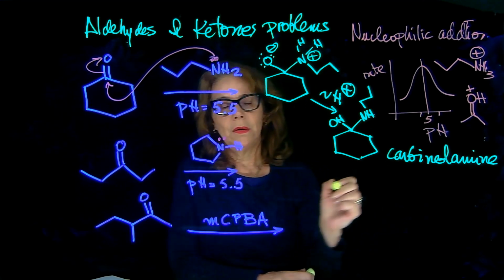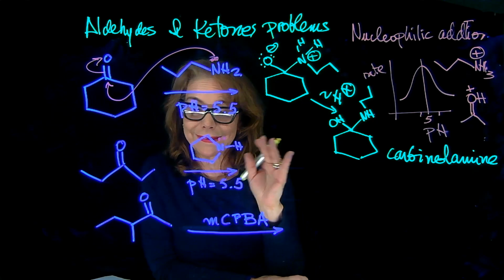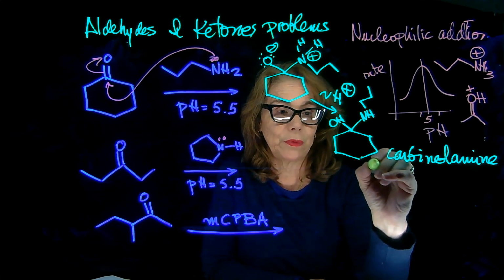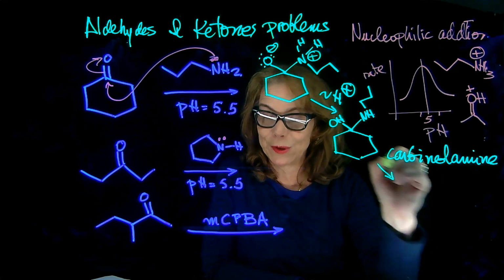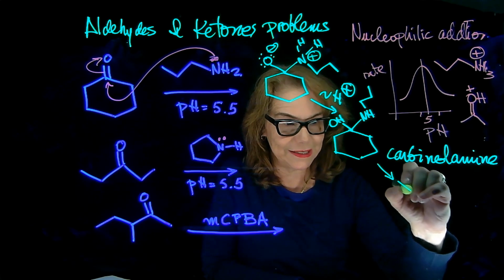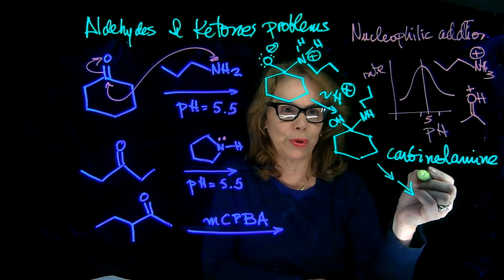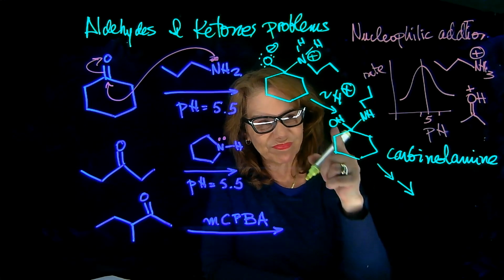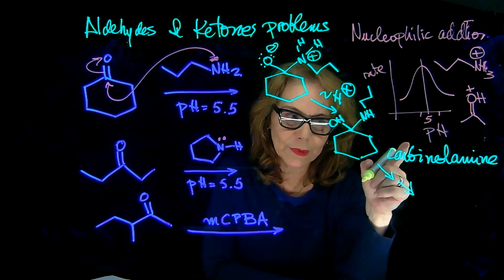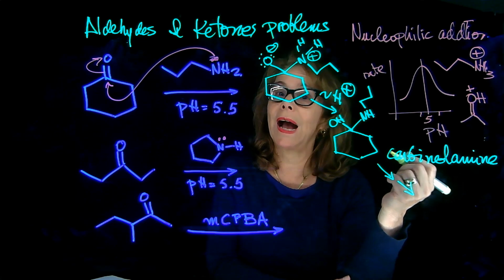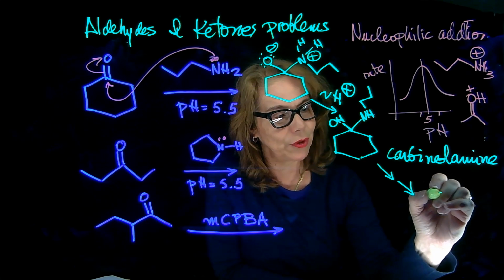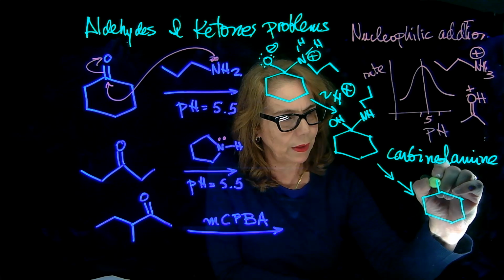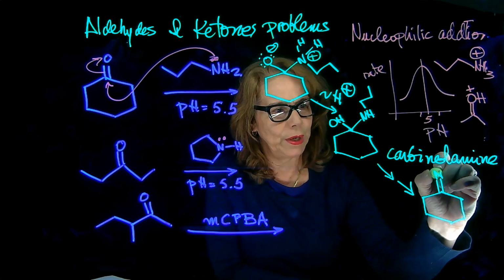All right. So what happens next is a dehydration step. So we're going to have a number of steps, and I have a video in which I explain that in detail, but we have multiple steps going on here. Basically, through proton transfer steps, you're going to be dehydrating, and then you're going to form a compound that will have a double bond with a nitrogen.